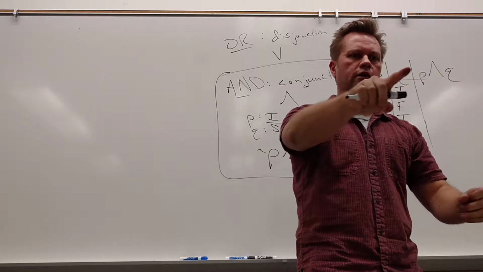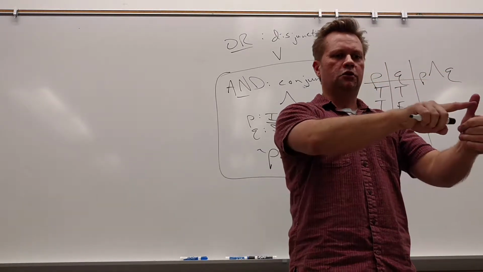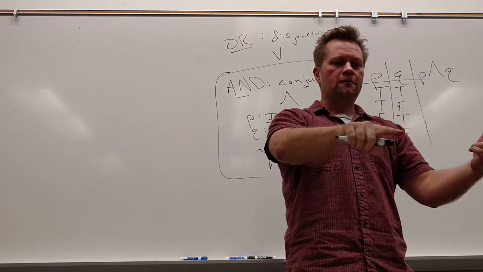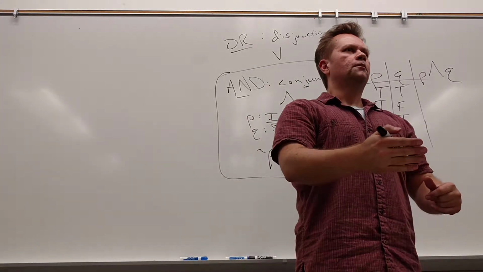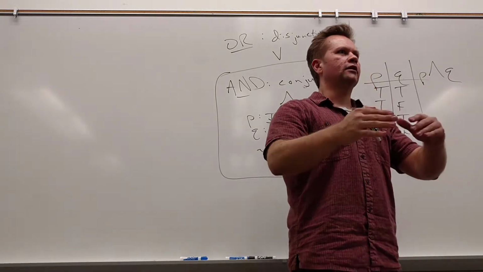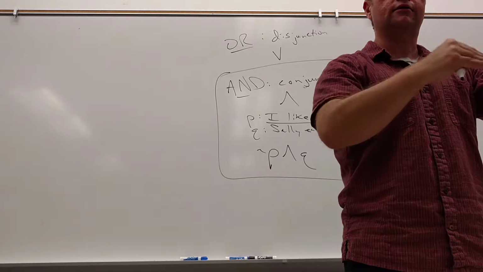If you want a $30,000 scholarship, yes, you must have this GPA. Yes, you must be a math major. Yes, you must want to go here. Yes, you must be a woman. I'm like, put that first. Put the most restricted thing first, please. So you guys understand? That would be ands, right?